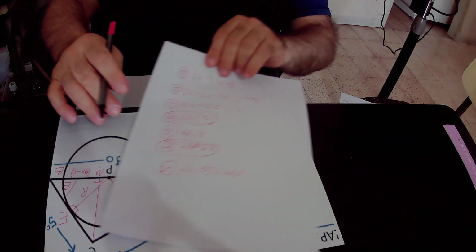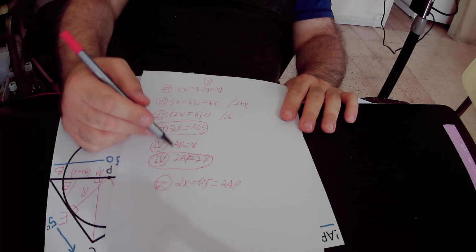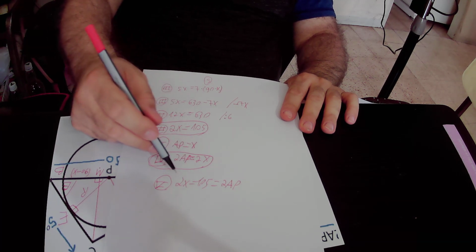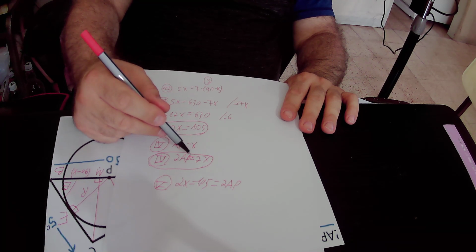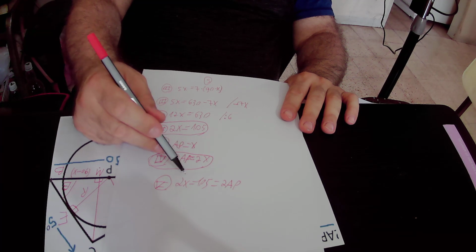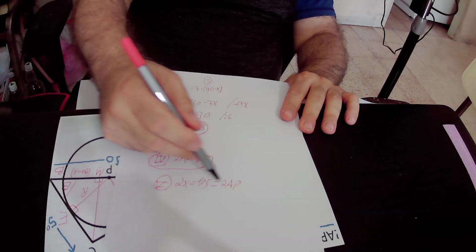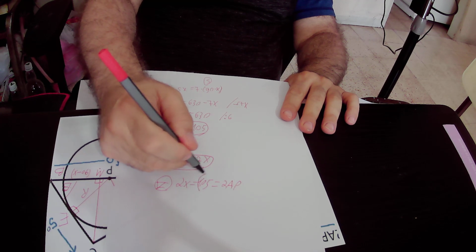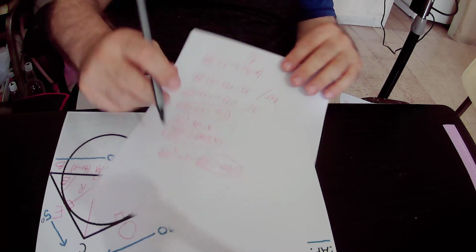So we have two values for 2 times x. 2 times x from one side equals 105 from the third equation, and also 2 times x equals 2 times AP from the fourth equation. So we got the equality that states that 2 times AP equals 105 units.